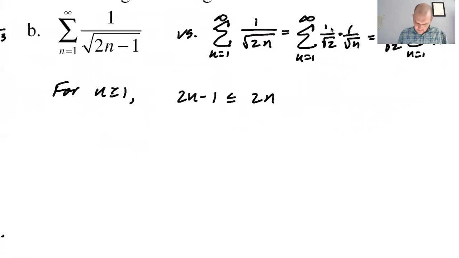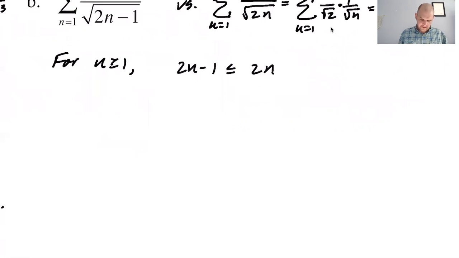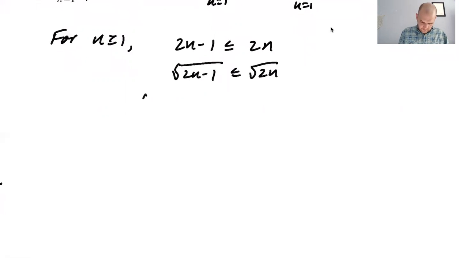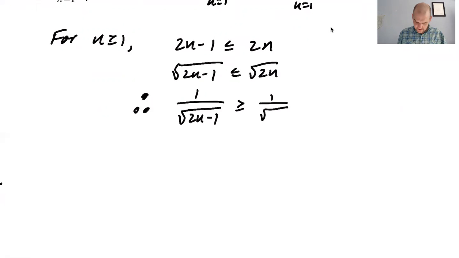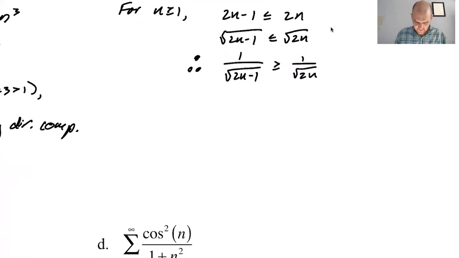Now, since they're positive, the square roots are positive and greater than 1, this is true. And then if I take the reciprocal, it's going to switch. Is that what I even want? Yeah, it is in this case. Okay, good.